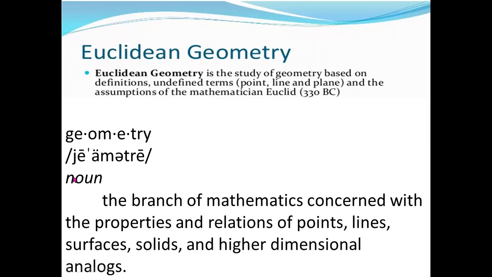Okay, now we say geometry is that branch of mathematics concerned with the properties and relations of points, lines, surfaces, all right, solids, like the geometrical solids that we studied, okay, the pyramid, prism, sphere, cone, and also the other higher dimensional analogs, so other shapes which are complicated to look at.